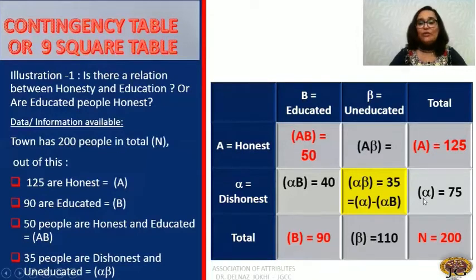Alpha is equal to 75, which you had calculated earlier, minus alpha B, that is 40, which you calculated just shortly. So alpha 75 minus alpha B 40. So 75 minus 40, how much do you get? 35. I think you are understanding now.